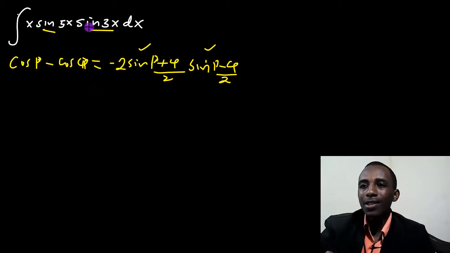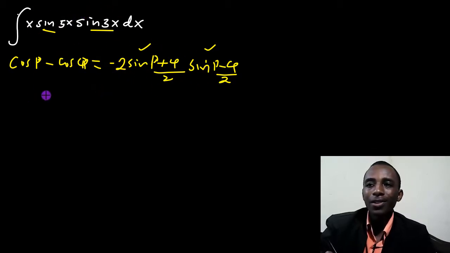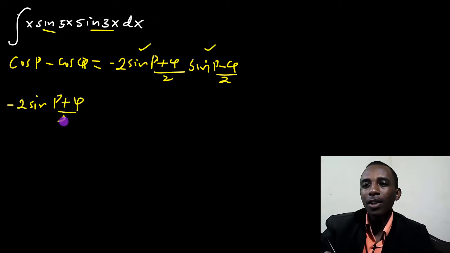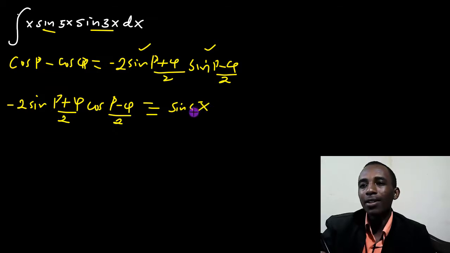I'm going to get this and try to make it equivalent to this. So just get this negative 2 sine of (p plus q) divided by 2 sine of (p minus q) divided by 2. I'm going to make this equivalent, not equal, but equivalent to sine 5x sine 3x.